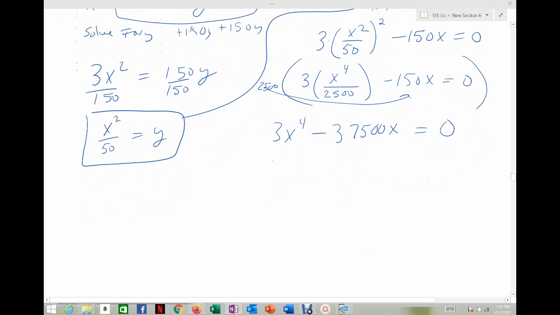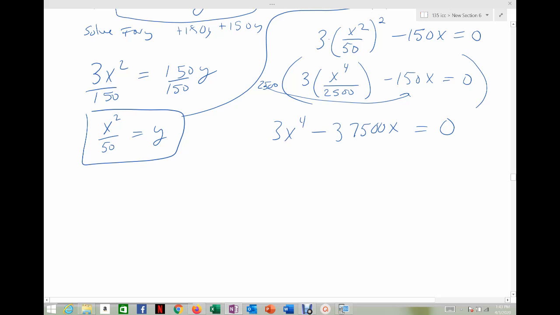Alright, now I'm going to solve by factoring. I can factor out an x and a 3. I believe a 3 does factor out. So I'm going to pull out a 3 and an x. When I do in the first term, I'm left with x cubed. I'm going to double check and make sure I've got the right number of zeros there.